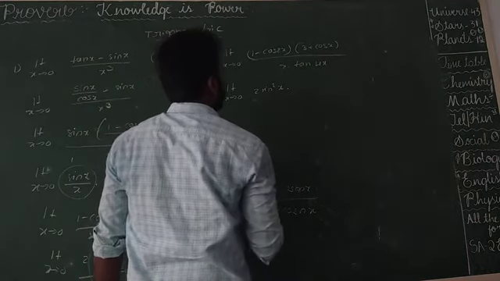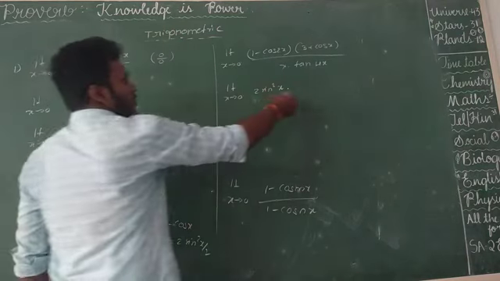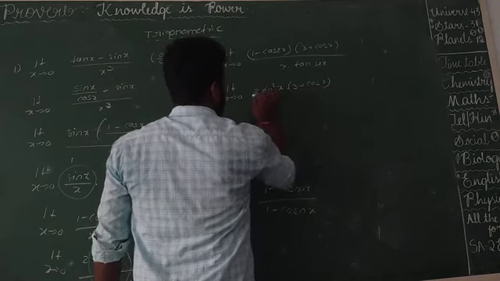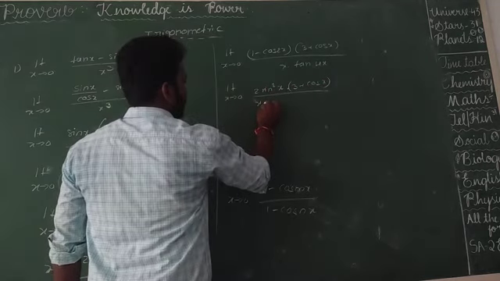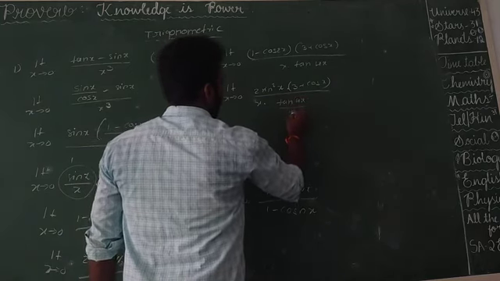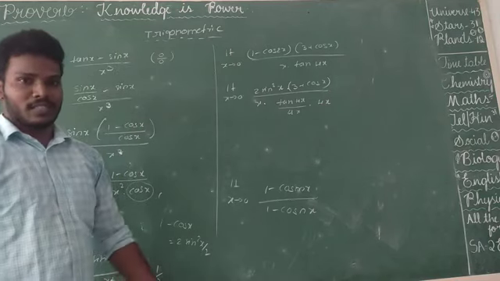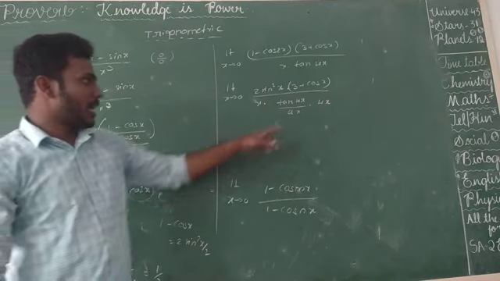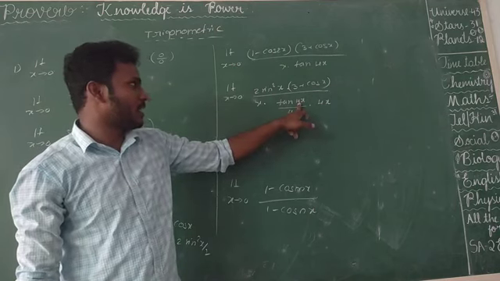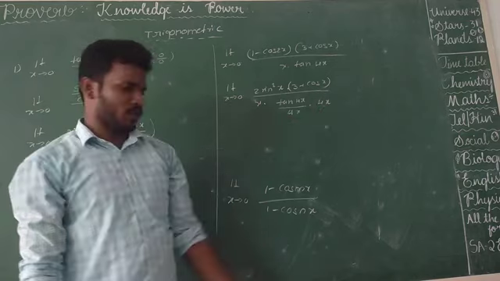2 sin square x into 3 plus cos x by x into, I can write this as tan 4x by 4x into 4x. Why? Because for applying the limit, the angle and the denominator both must be the same. That's why tan 4x is there, but there is no 4x, so I can divide and multiply by 4x.